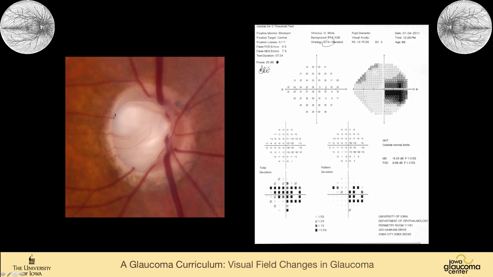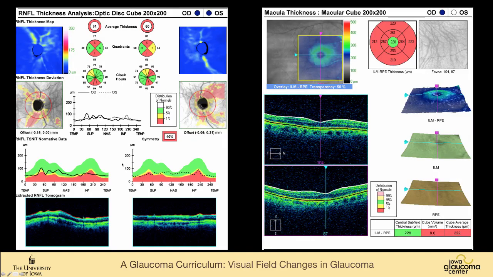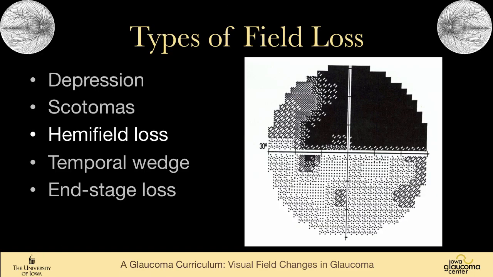And what you would see in the pattern of cupping is that this temporal rim is completely gone. And on OCT testing, that it's very thin temporally here, and the ganglion cell layer is very, very thin as well.